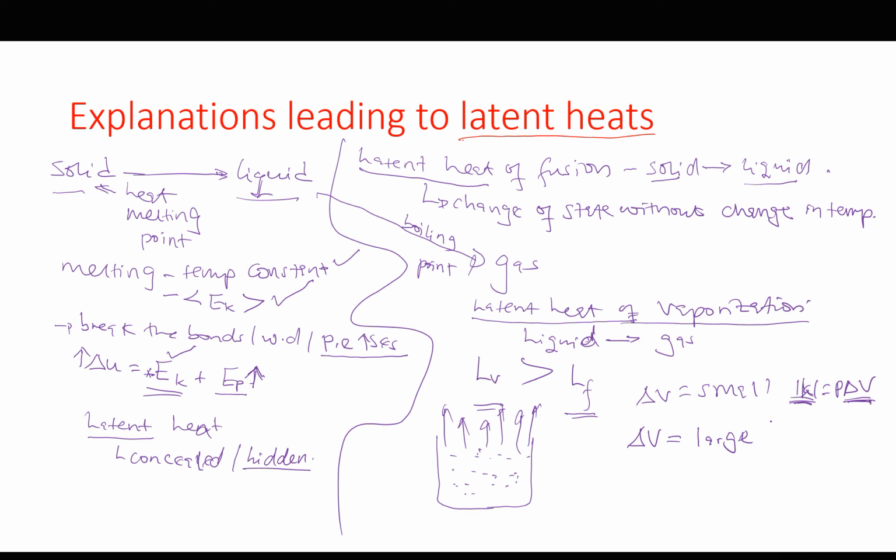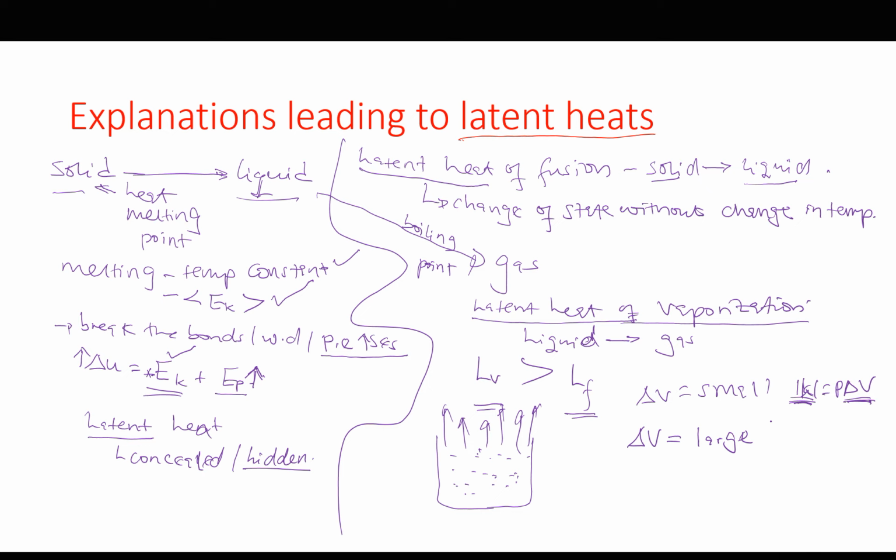Note that we have associated boiling and melting with a definite input in energy, only that input in energy does not show any physical effect. That's why we say this energy we are putting in is going to be called the latent heat.